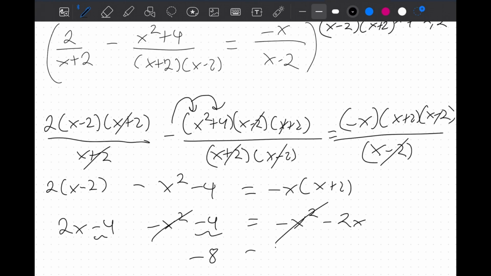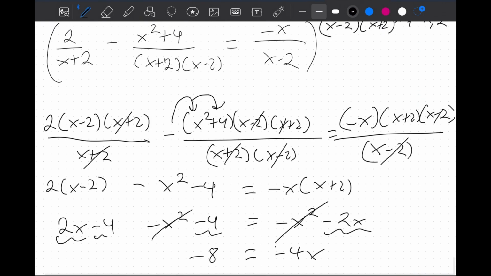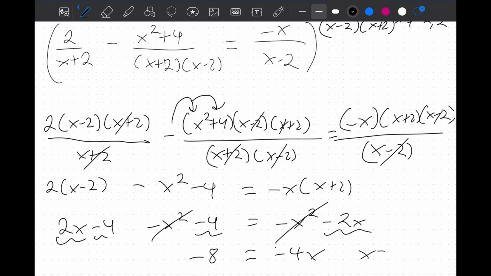And I'm going to say that that's equal to, I'm going to move this over to be minus 4x, so this and this. So then we would say that x is just equal to 2. And you can plug that in and double check. So I hope that is helpful.